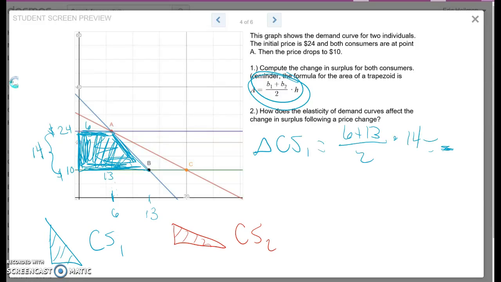So this is going to be negative $133. Oh, sorry, positive because the price went down. So the change in consumer surplus for the blue consumer is plus $133.